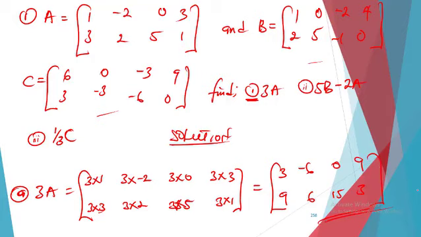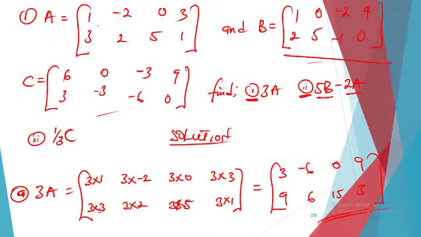Let's then go over to the second part of the question that said we should find 5B minus 2A. So we need to find 5B first and then find 2A and subtract the both of them. So let's copy the value of B to the next slide. Our B is given to be 1, 0, 2, 5, minus 2, minus 1, 4 and 0.